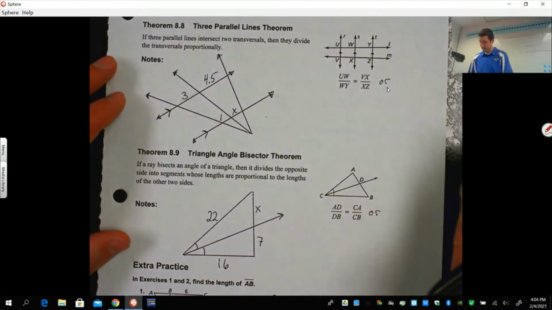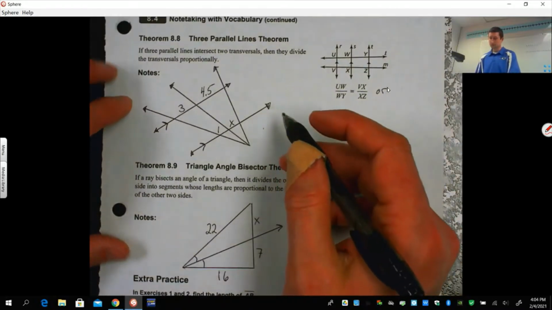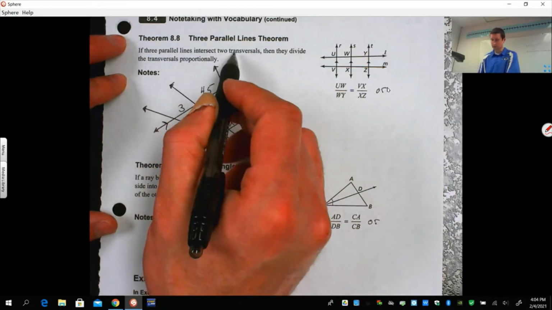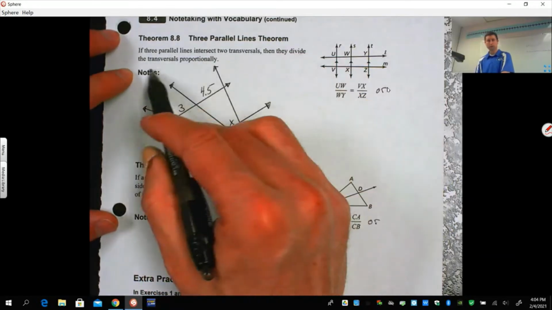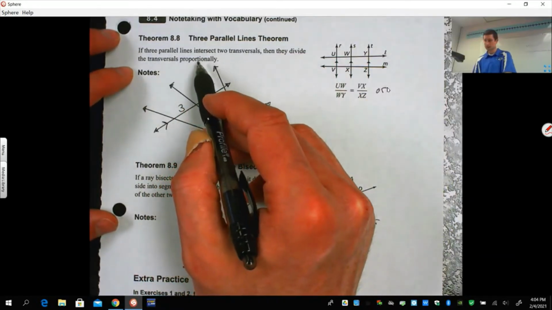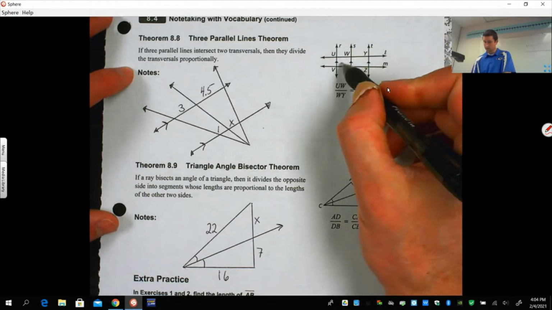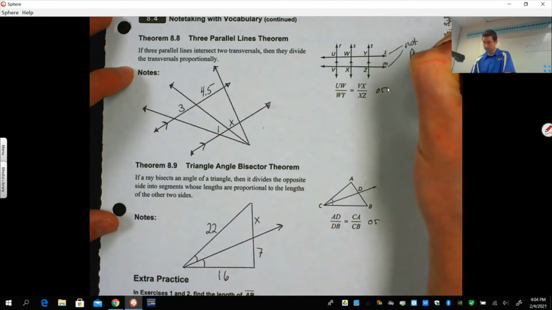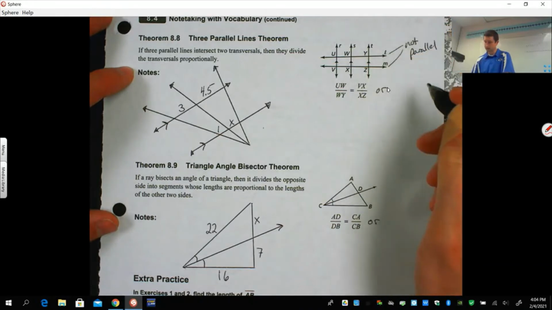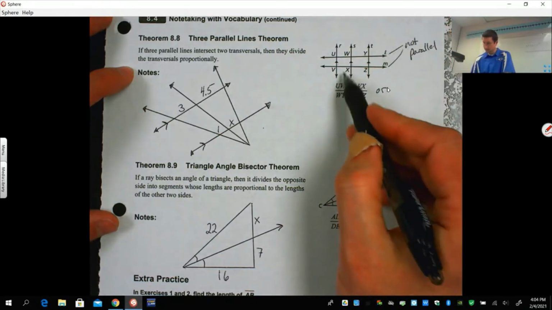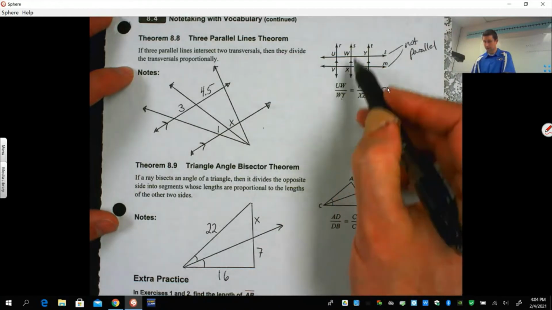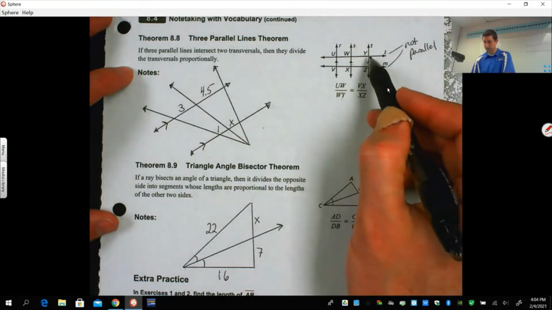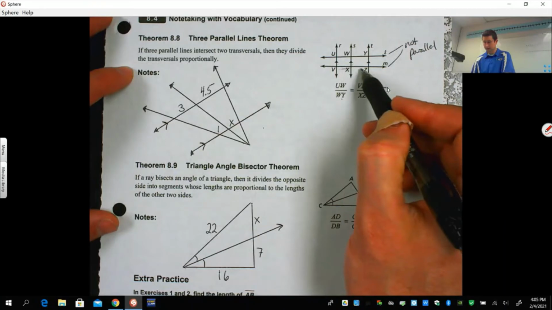Three parallel lines theorem. If 3 parallel lines intersect 2 transversals, then they divide the transversals proportionally. Okay? So here we have 3 parallel lines. L and M are not parallel. And they say UW over WY equals VX over XZ.